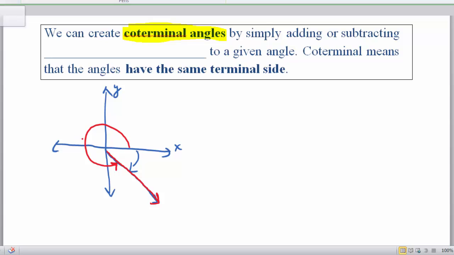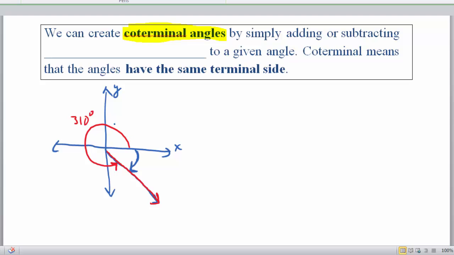Now the question would be, well, by how much do they differ, right? This one we said is somewhere between 270 and 360. So for argument's sake, let's say this one is, I don't know, it looks like it's probably about 310 degrees, right? And the negative one is coterminal with it.